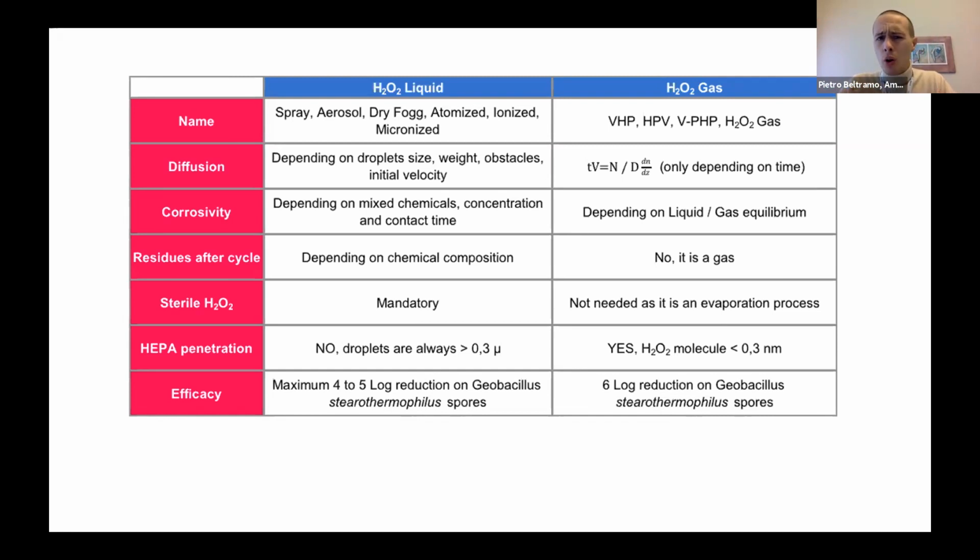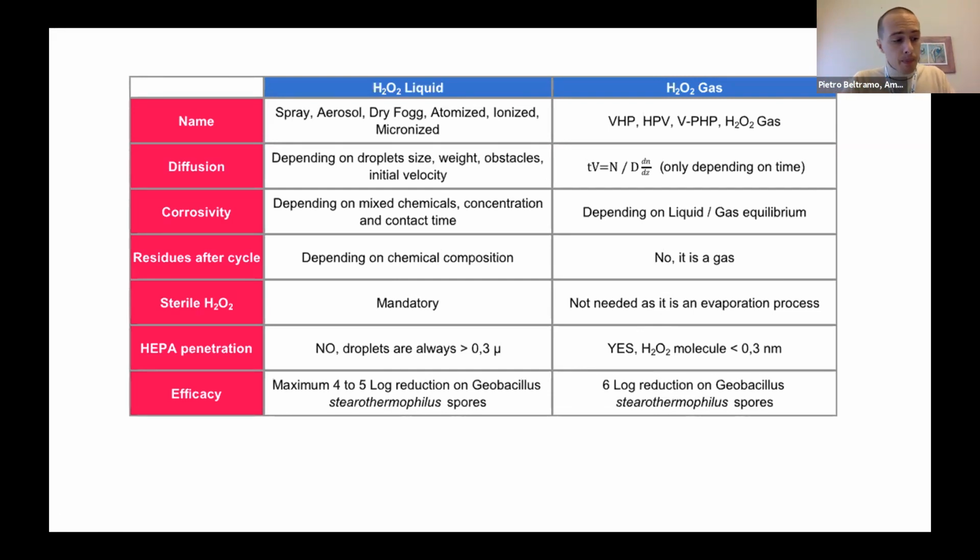There is also a simple reason. Most of the spray works with a low concentration H2O2, 6, 7, 8% H2O2, while the gas works with 35% H2O2. So the concentration is higher, more ppm, more ability to kill.